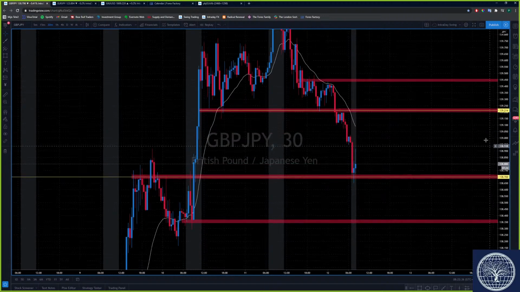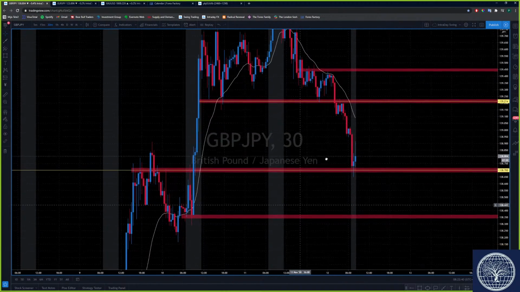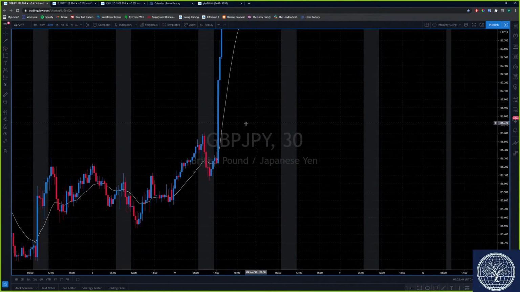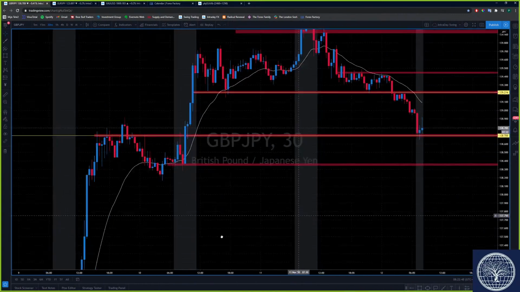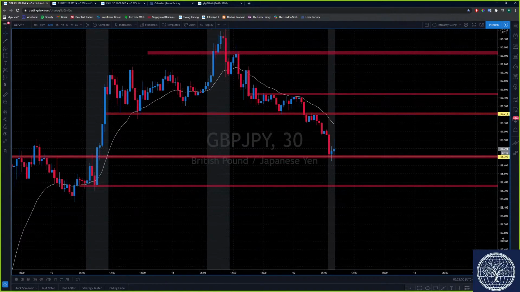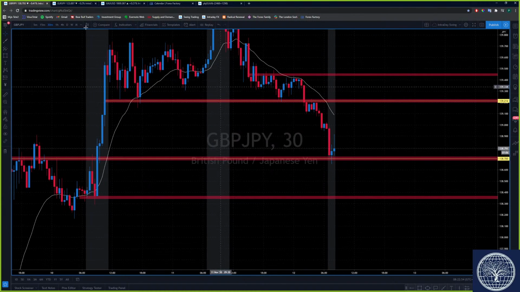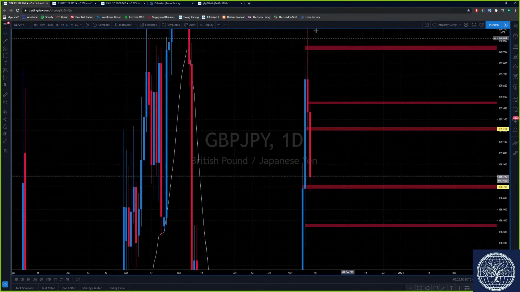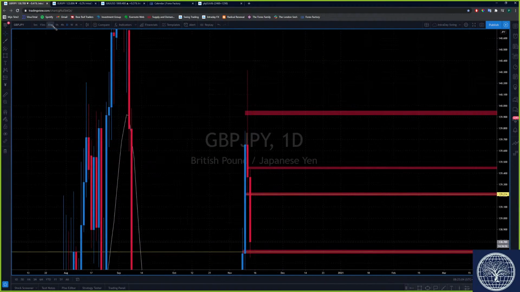I think if you wait for candles to close in your direction, that's going to be much higher probability. So if you want to look at the key levels, like the highs and lows of the daily candles, right?